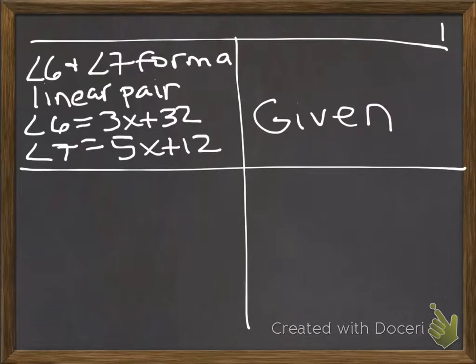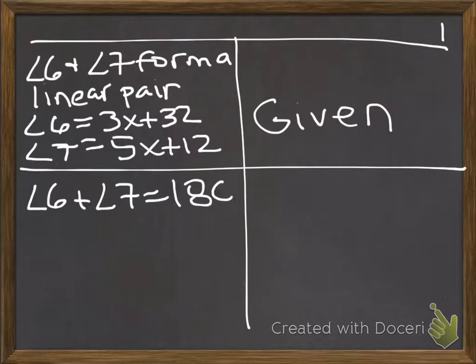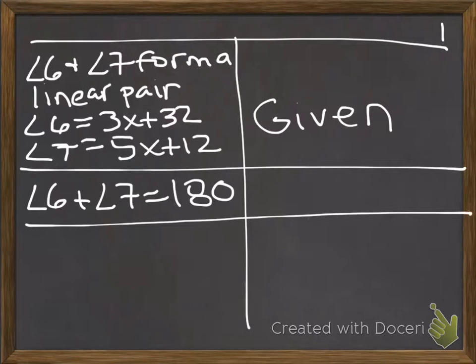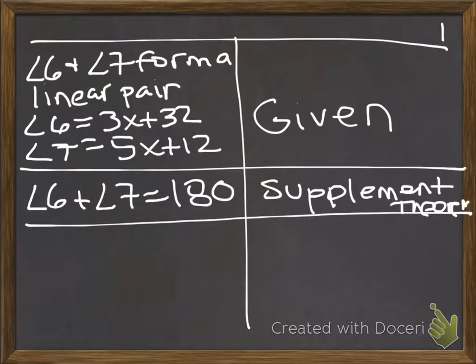So we're going to use the supplement theorem to say that angle 6 plus angle 7 equals 180. And then we're going to use substitution to plug in the values for angle 6 and angle 7.